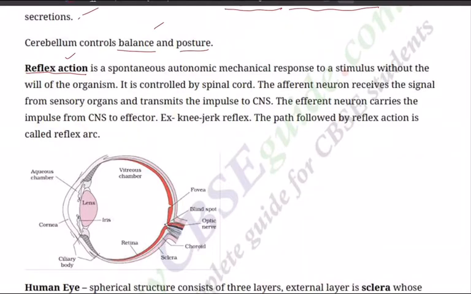So reflex actions take place every minute in our life, and sometimes the response that we give will be a positive one, sometimes a negative one. If reflexes are slow and you are touching a live wire and you are feeling the electric shock, but by the time you decide and take your hand away, the damage is already done.